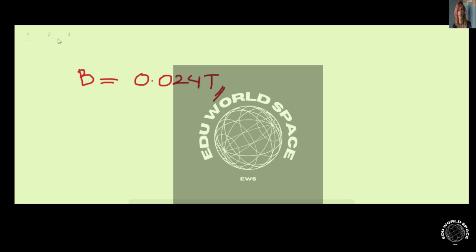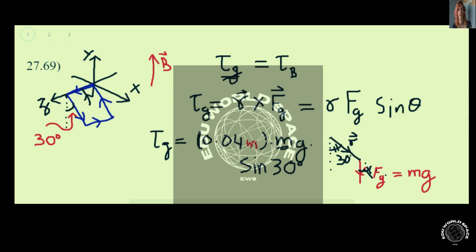And that's the magnetic field at which the torque due to gravity is balanced by the torque due to the magnetic field, and the loop stays at 30 degrees. That's all.